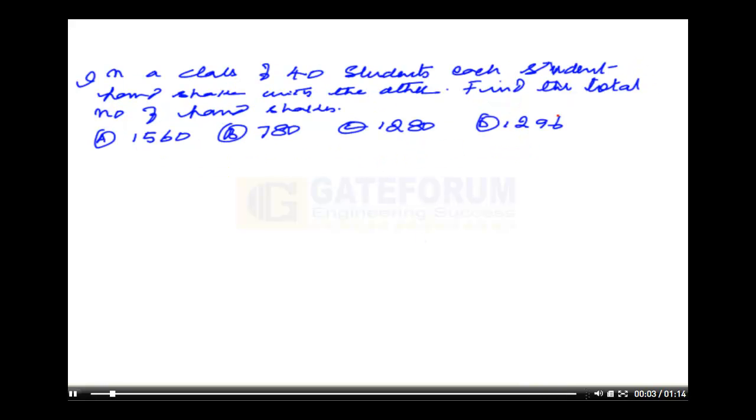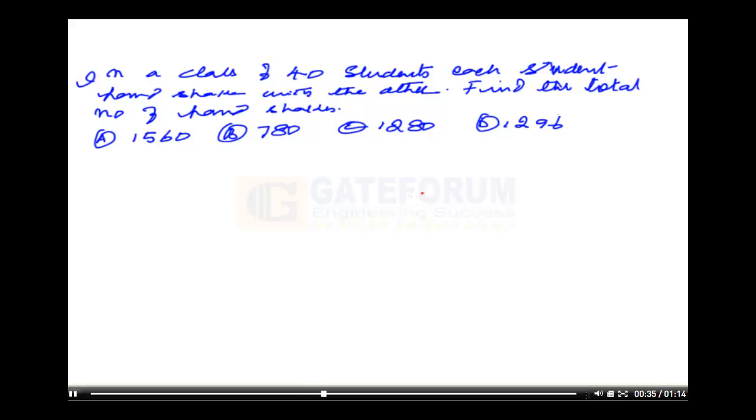Next, there are 40 students. We have to find how many handshakes take place between them if each student shakes hands with every other. When a student shakes hands with another, it is as good as saying the other student is also shaking hands with this student. Therefore, here we have to consider combination, because order is not considered.